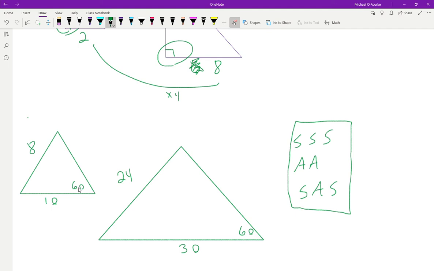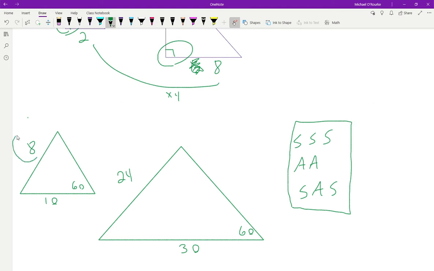Okay, why yes, Haley? Which proof did you use? SSS, AA, or SAS? For people who said yes, tell me why. Which of these 3 proofs would you use?